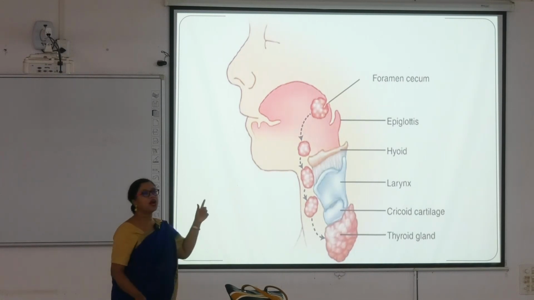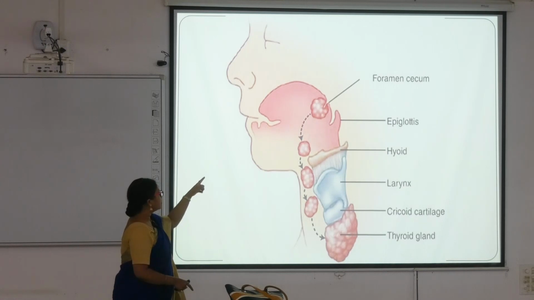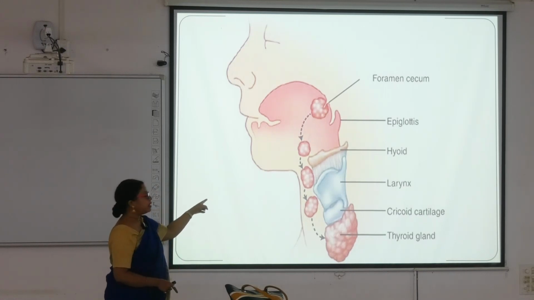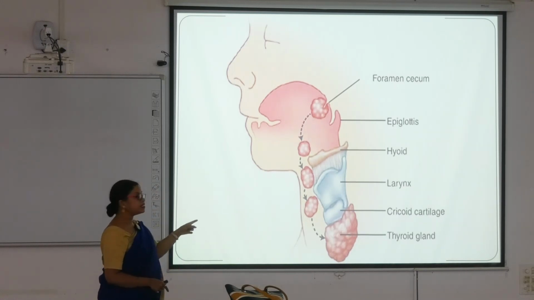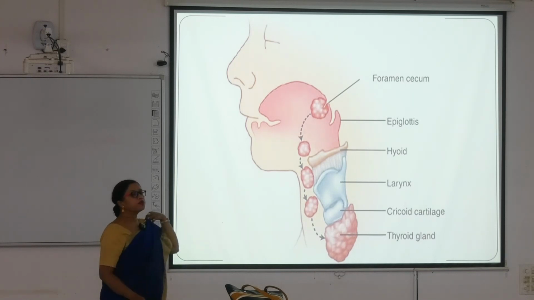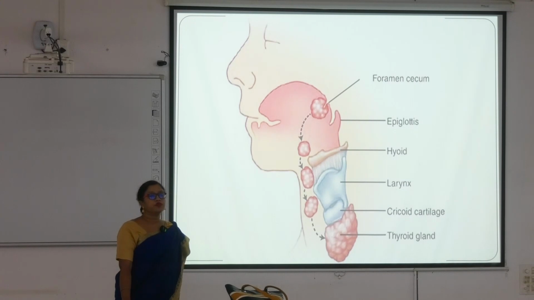So see, this is how the thyroid descends down. First the tongue, then it goes to the hyoid bone, next the laryngeal cartilage, and finally just in front of the cricoid cartilage. Where is tracheostomy done, I told you, which is safe?